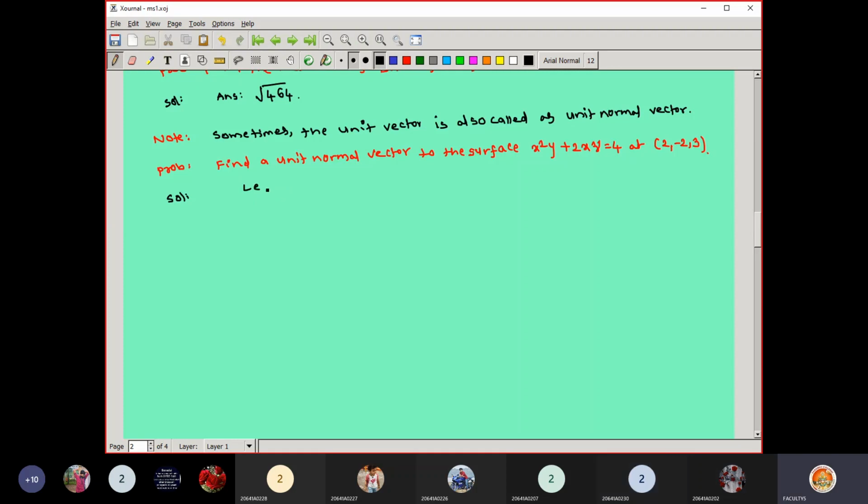So when a scalar is given, in order to get a vector, first write let phi equal to x square y plus 2xz, taking the 4 to the left side, minus 4. To get a vector, directly you calculate the gradient. That is the only alternative.